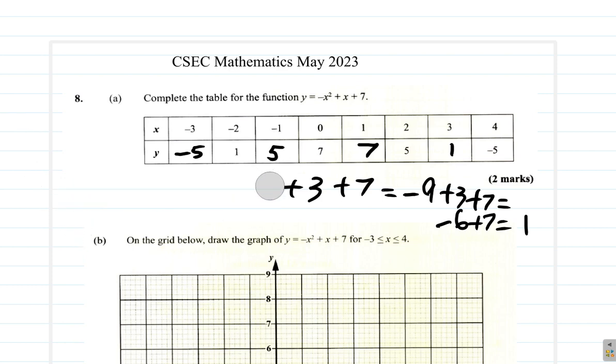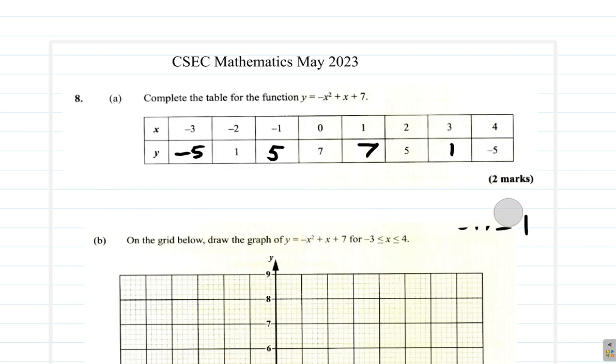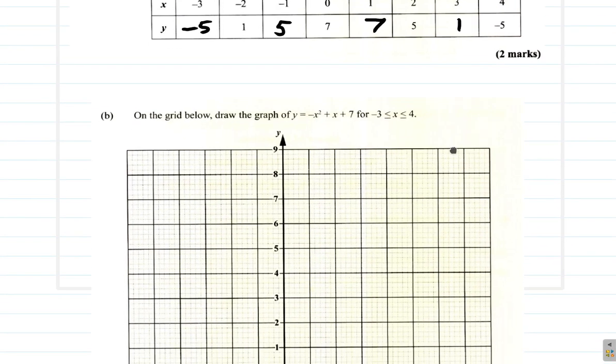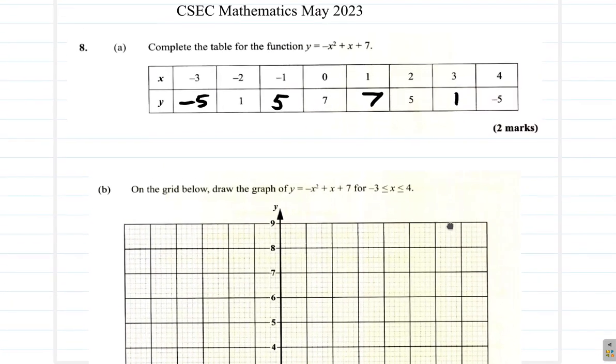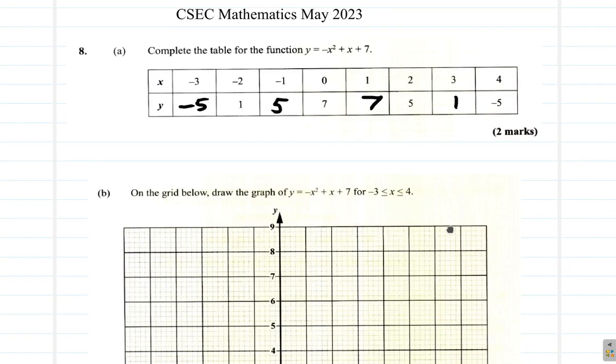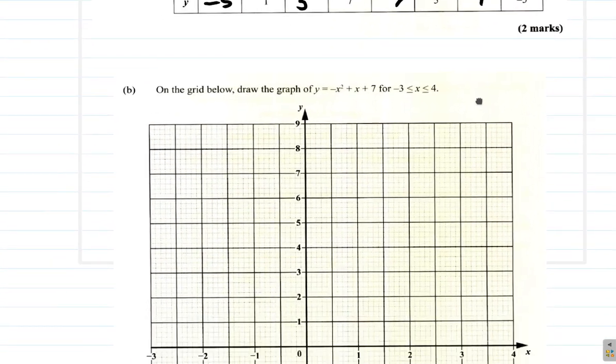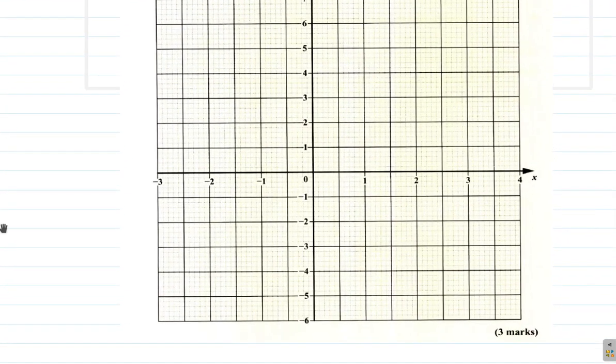Let's get these out of the way. Now, on the grid below, draw the graph. You're at negative 3, negative 5. So, negative 3, negative 5.